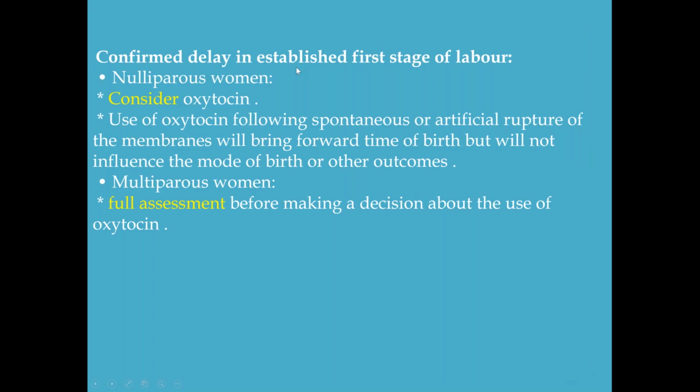Here, if you confirm delay, look at the parity. If nulliparous woman, consider oxytocin. If multiparous, you should do a full assessment before making a decision about the use of oxytocin.